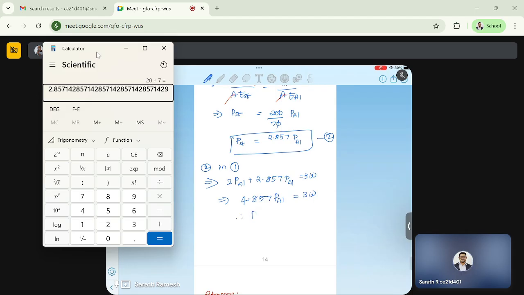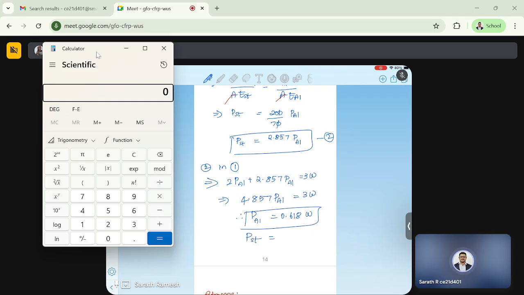Therefore, P_aluminum is equal to 3 divided by 4.857, that is 0.618 W. Okay, this is P_aluminum, and out of this W, it's taking 61 percent.